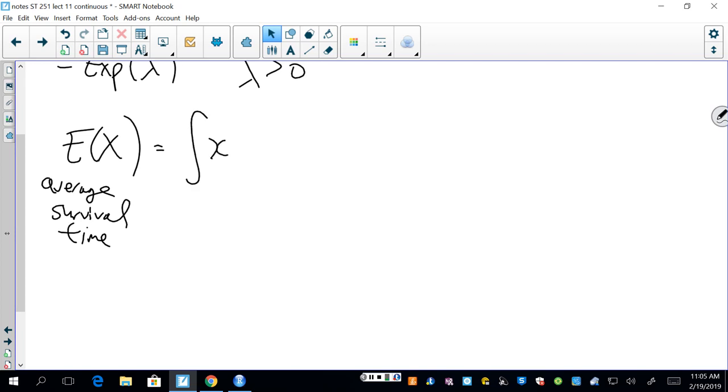And that was lambda e to negative lambda x. And the density is greater than 0 only for the positive survival time. So we don't do the entire real line because the density is 0 after that. So we have to integrate this thing.